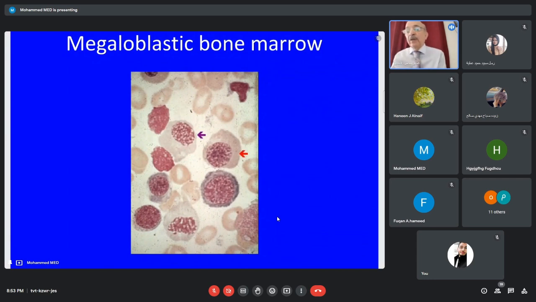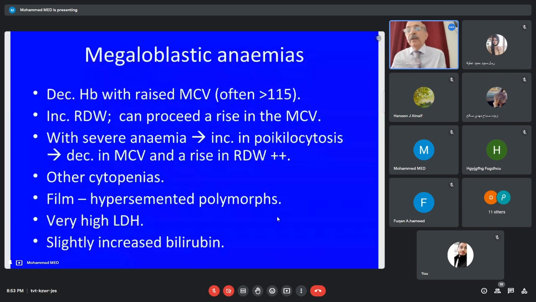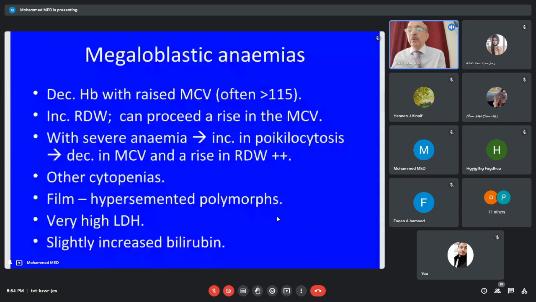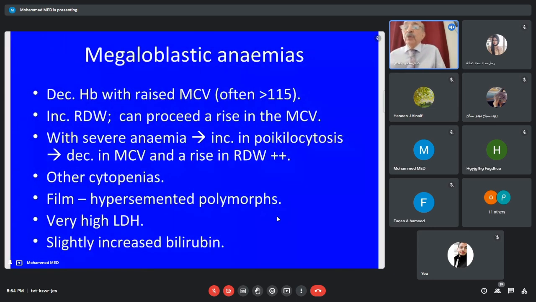This is a megaloblastic bone marrow. Okay, next slide, please. Megaloblastic anemias, we have discussed this. Usually the hemoglobin is low and the MCV is usually very high, above 100, and the RDW usually is high.